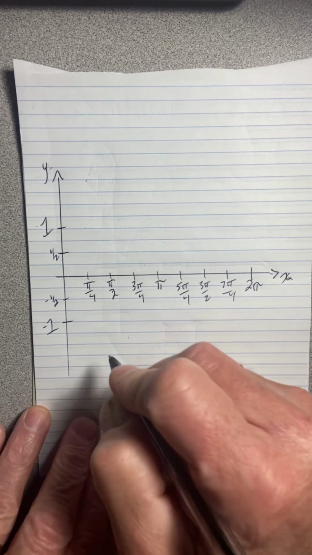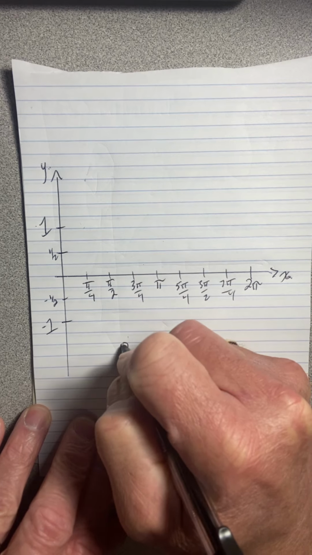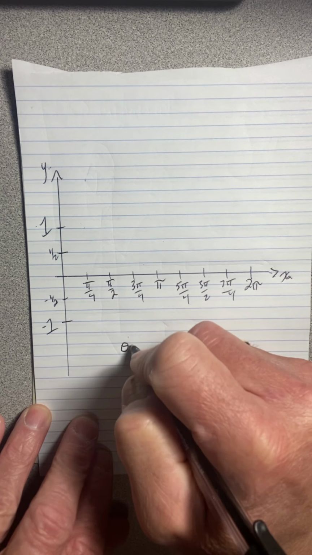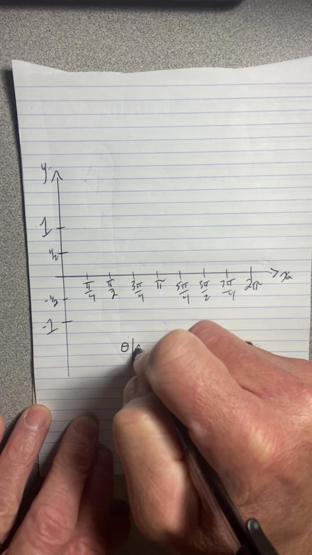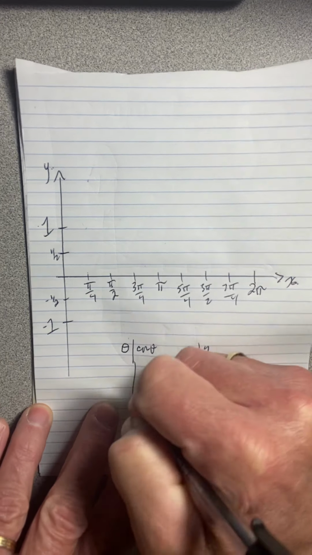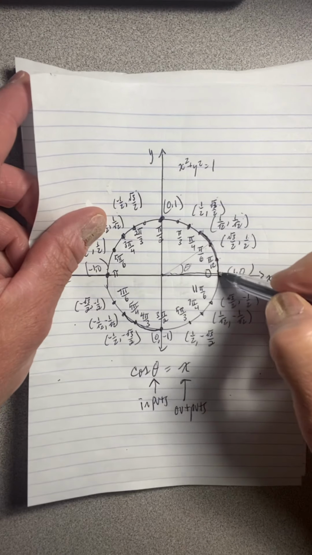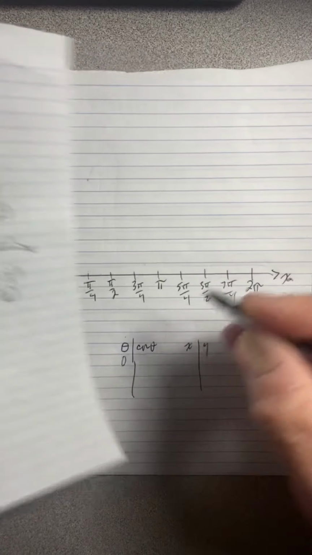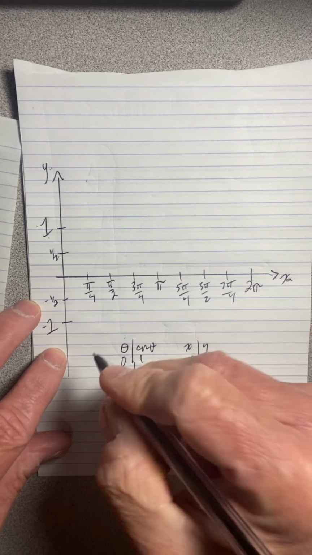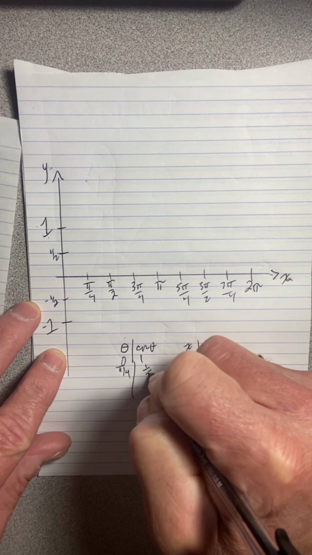And maybe we should just build a table. Like normally we're thinking of theta, and the output is cosine theta, and here it's x, y. But if I put in 0, then cosine at 0 radians is 1, because it's the x coordinate. So it's 0, 1. And if I put in pi 4, we know we get 1 over root 2.